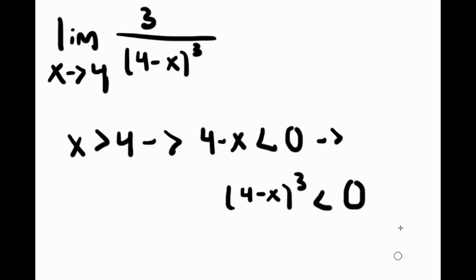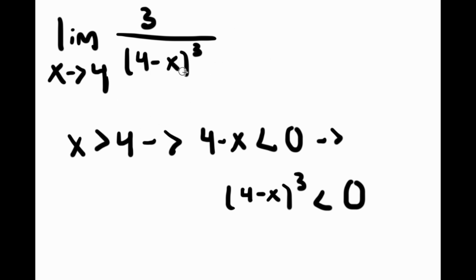So think about it. Would we be given a positive or negative infinity value for this function? If we think about it, as x approaches 4, the denominator will approach negative infinity. Because from the right-hand side, x is greater than 4.